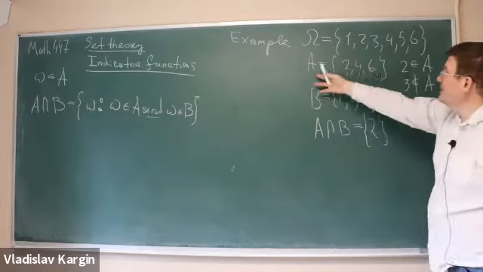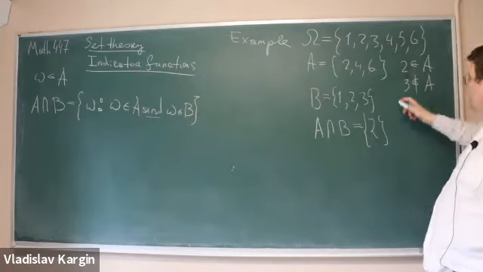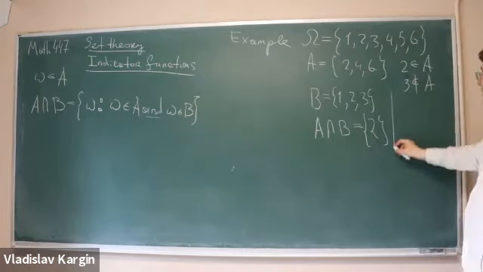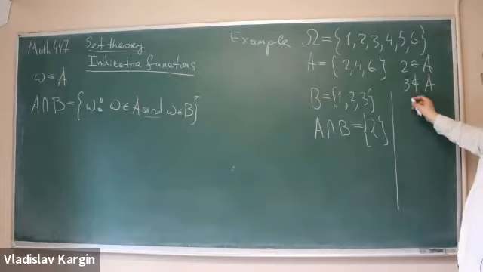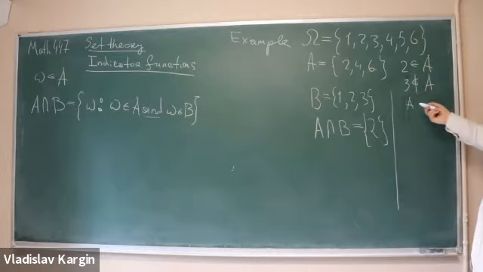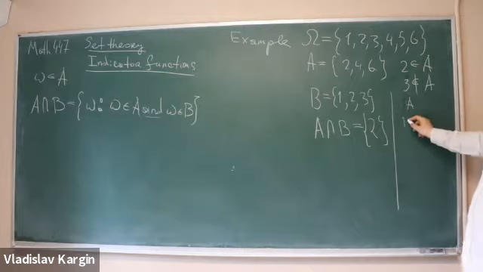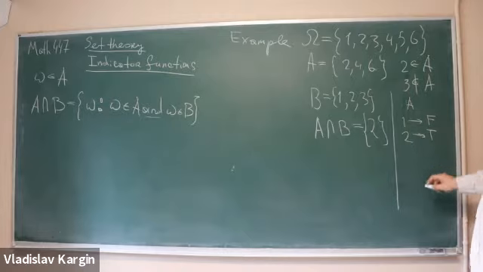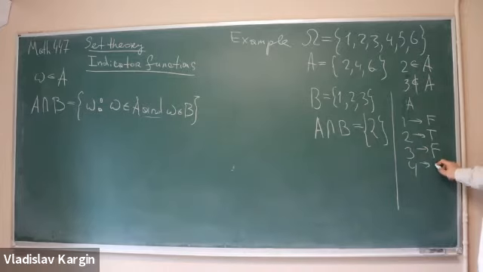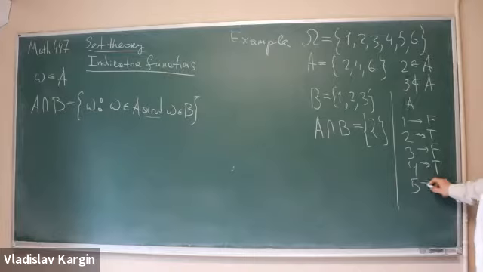So here, for example, for A equal to 2, 4, 6, how would we characterize A? A would be a correspondence which says 1 false, 2 true, 3 false, 4 true, 5 false, and 6 true.